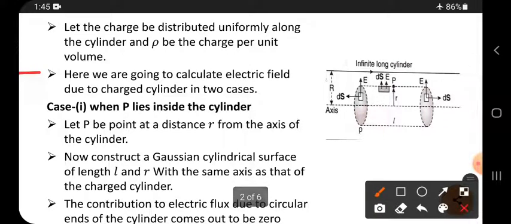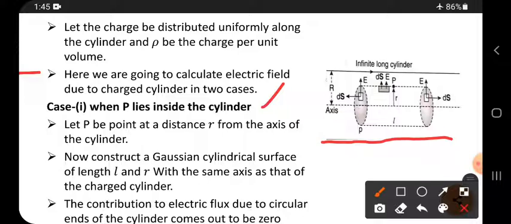Here, we are going to calculate the electric field due to a charged cylinder in two cases. The first case is when a point P lies inside the cylinder. Suppose it is a complete cylinder.